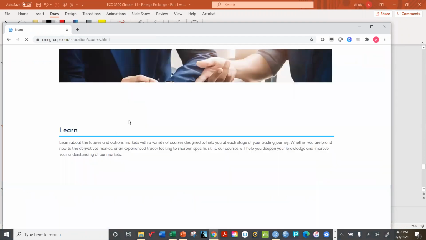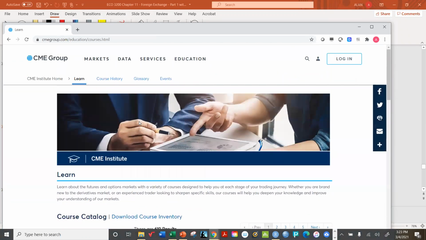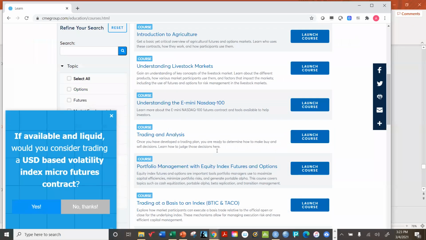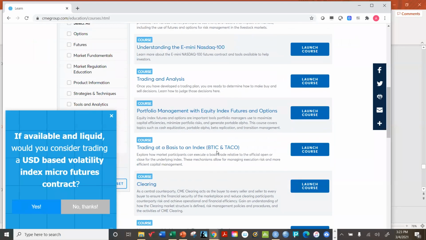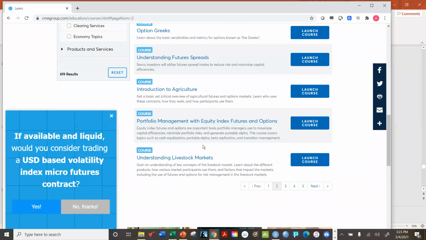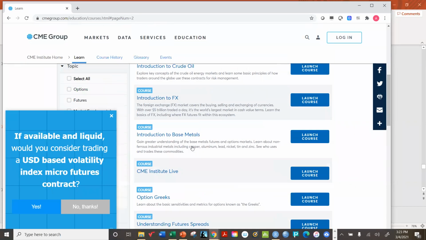And it's all free. You can actually download these courses and watch them at your leisure. You look for something you're interested in and you launch the course, just watch it for free. They're not going to charge you. Why? Because they're hoping that you'll buy their products if you understand more about them.